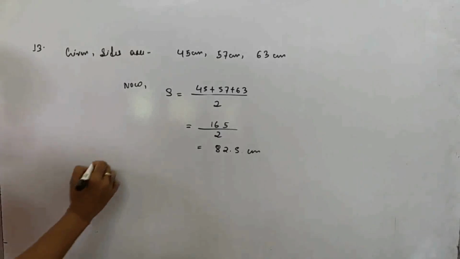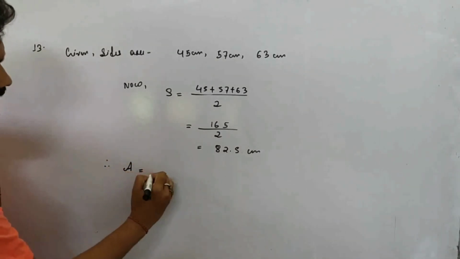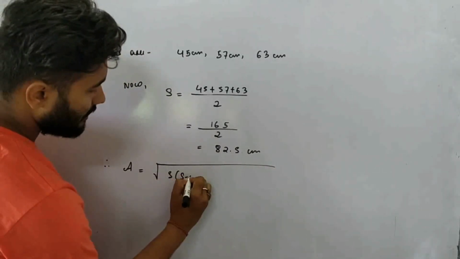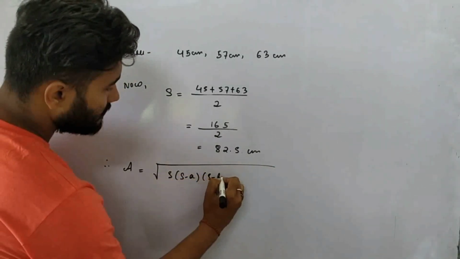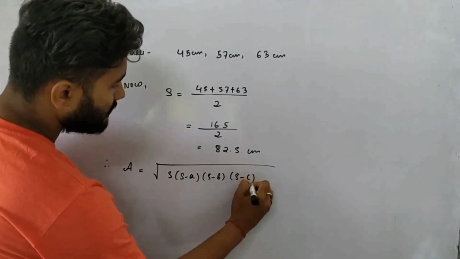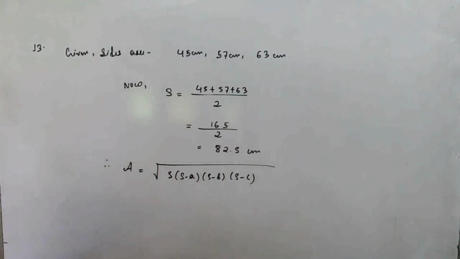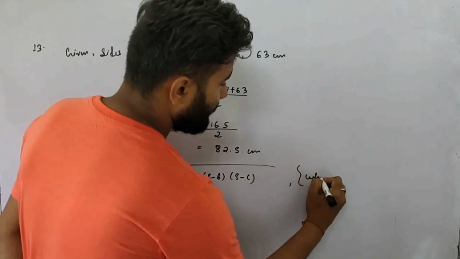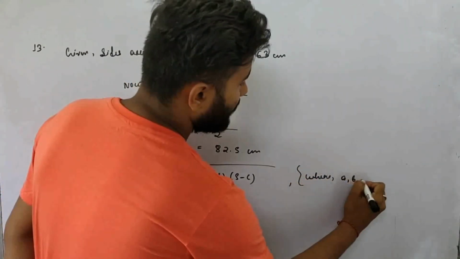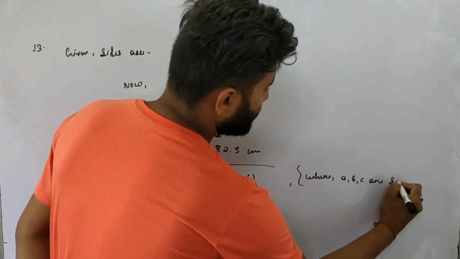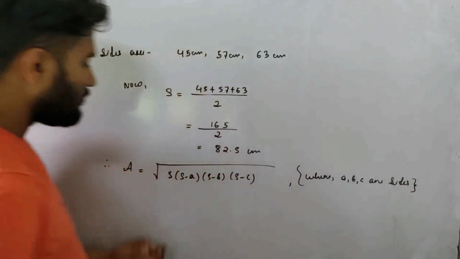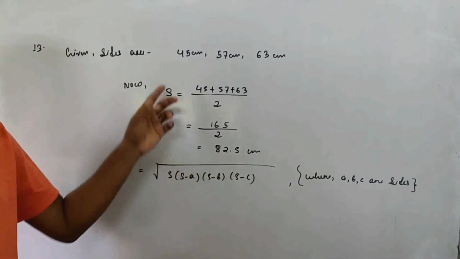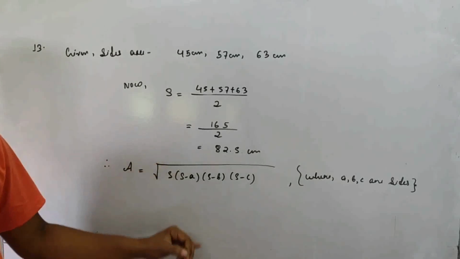Okay, now the area. Therefore, the area of the triangle will be what? Square root of S minus A, S minus B, and then S minus C, where A, B, C are the sides, isn't it? Or directly you can put A equal to square root of S into S minus 45, S means 82.5 minus 57.